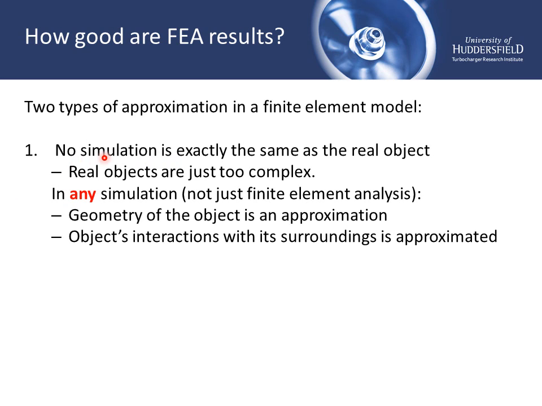No simulation is going to give you exactly the same response as the real object, and that's because real objects are simply just too complex. So in any simulation, whether it's a finite element analysis or not, we're going to be approximating the geometry of the object and also things like the material properties of the object, and we're going to be approximating the object's interaction with its surroundings.